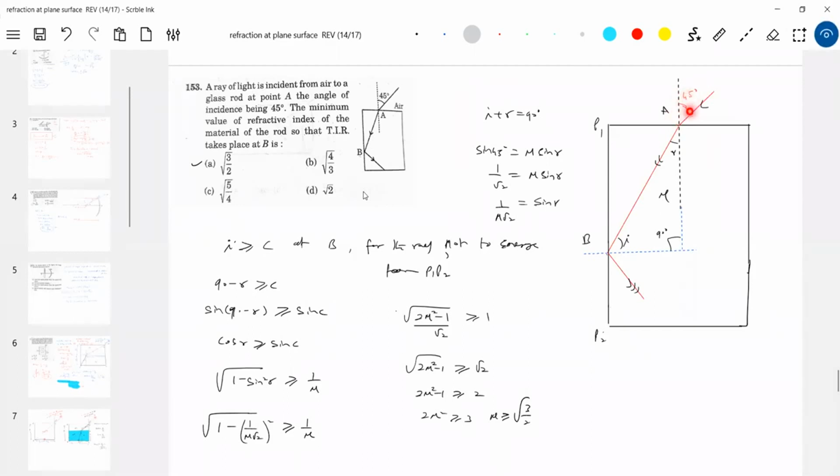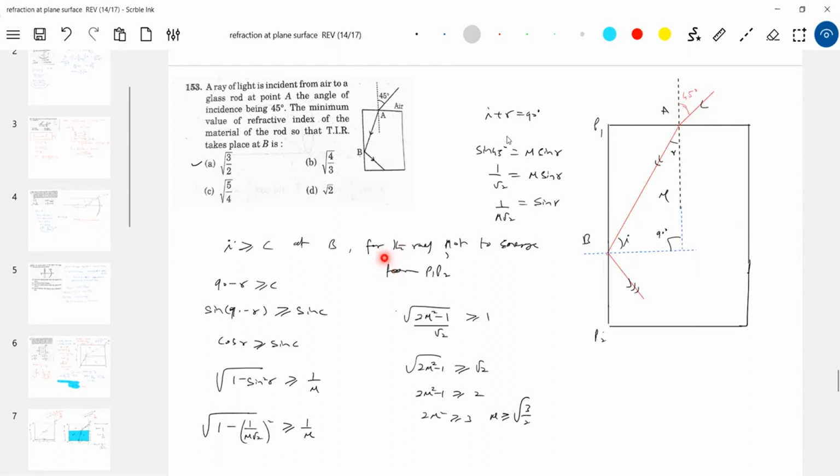I think in class I discussed, for any angle of incidence, what is the minimum value of mu so that it will not escape. What we brought here is for 45 degrees. Anything greater than this, it will undergo TIR. For any angle of incidence, we have to bring that condition again. In the notes, just verify that one.